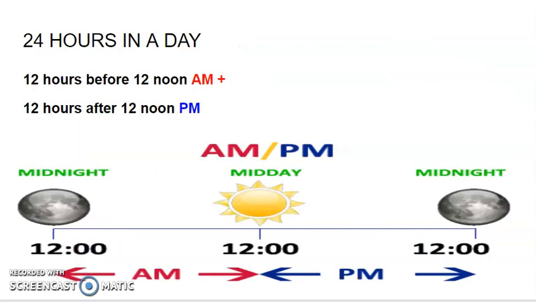Now let us see that there are 24 hours in a day. So how do we use that same clock of 12 hours for 24 hours? So 12 hours before noon, that means starting from midnight till midday, that is exactly 12 noon, we read the time on the clock as AM time.